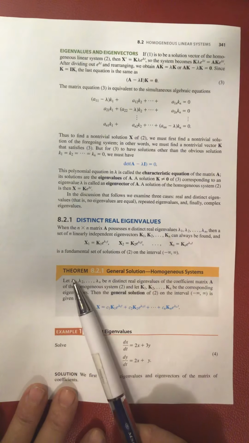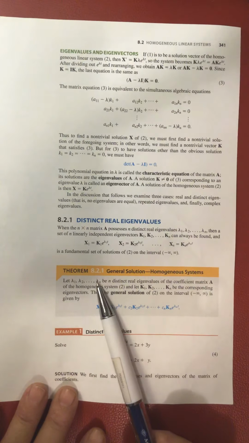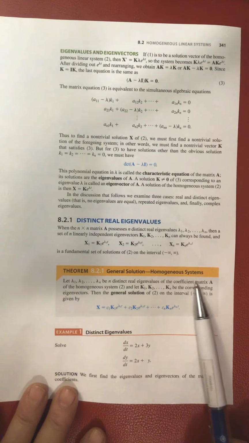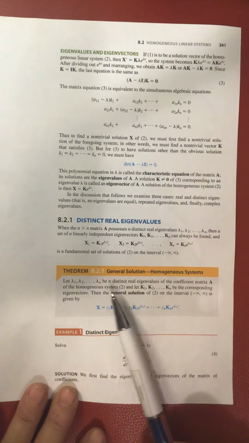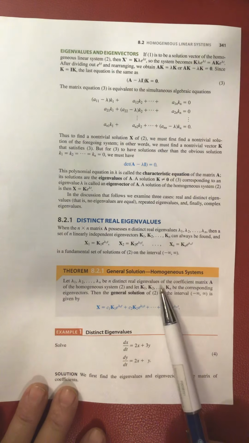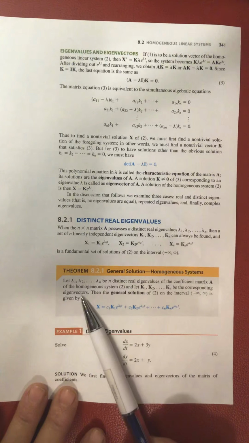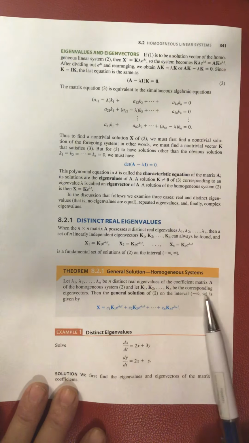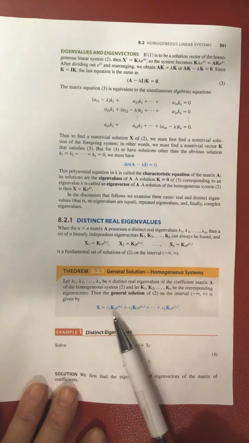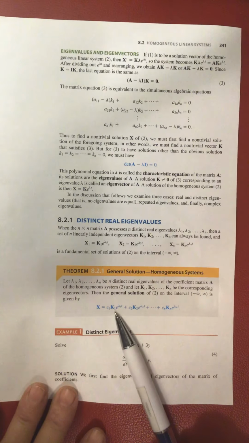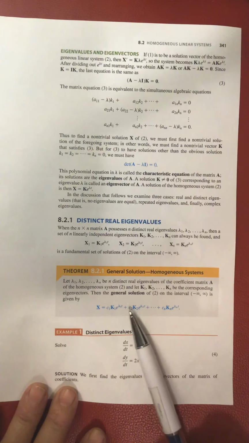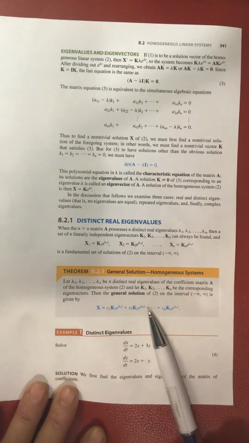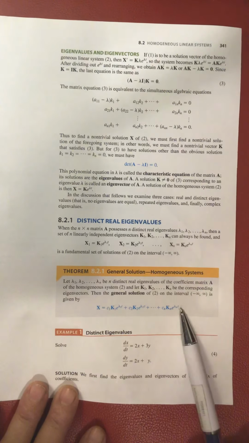But if we have lambda 1, 2, 3, and they're distinct real eigenvalues of the coefficient matrix A of the homogeneous system, and K1, K2, K3 are the corresponding eigenvectors, then the general solution on the interval from minus infinity to plus infinity is given by x equals C1 K1 e to the lambda 1 t plus C2 K2 e to the lambda 2 t. So you have an interval.